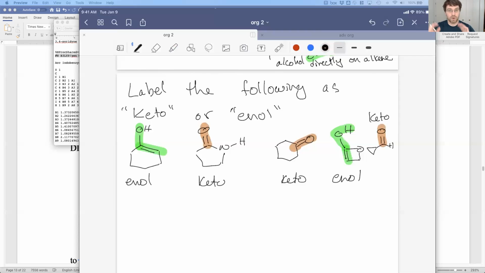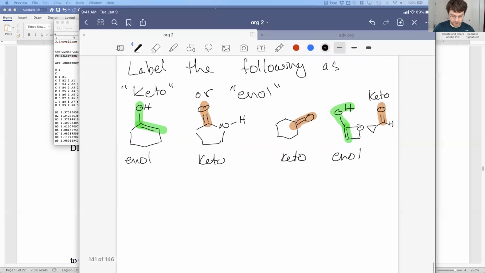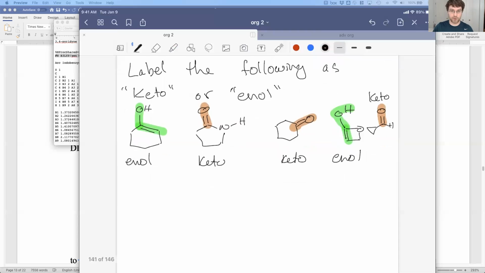Okay, so why are we learning this? Keto and enol tautomerization. Well, it's because there's a very important equilibrium that we all should be aware of in exceedingly good detail. If I do this lecture right, I want to create an alarm in your mind that every time you see an enol, you want to cross it out for the most part and draw it as its keto isomer.